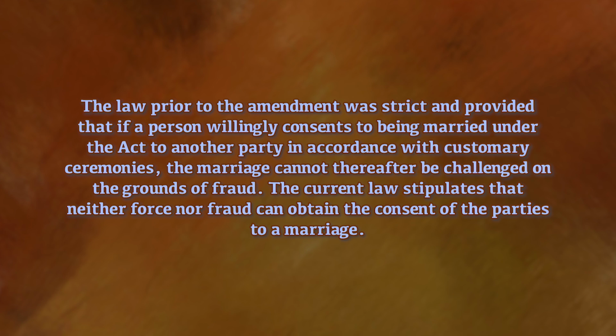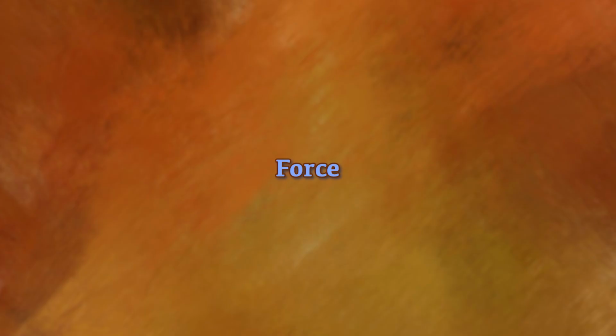The current law stipulates that neither force nor fraud can obtain the consent of the parties to a marriage. If a party obtains their consent through force or fraud, they can apply for a marriage annulment within a year of the force ceasing to operate or fraud's discovery.